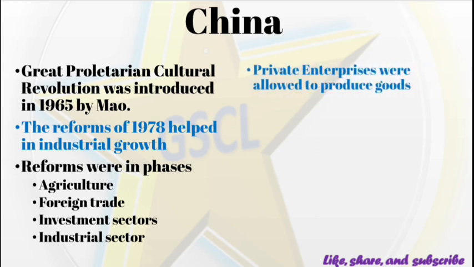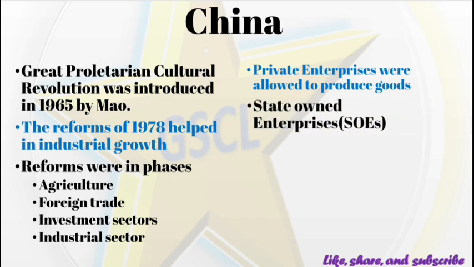The private sector was allowed to produce goods. State-owned enterprises, that is, enterprises owned by the government, had to operate like any other enterprise and had to face competition. Dual pricing existed.